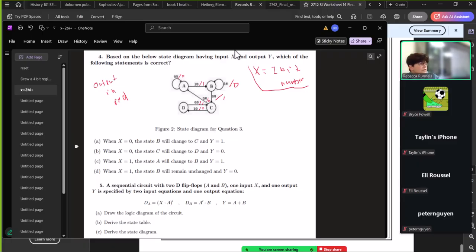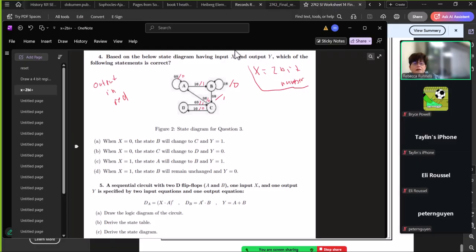Anybody want to take a guess on this one? The answer's D. No, that would be true if, when X is 2, this is a 2-bit number. It is correct for the way I misread it.